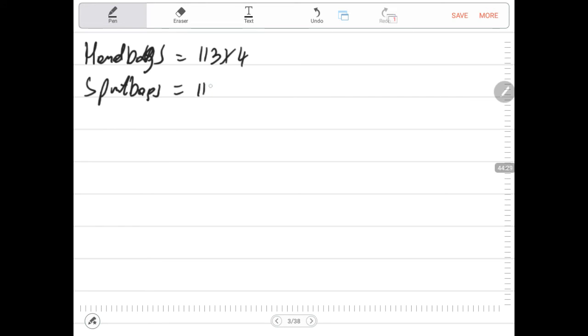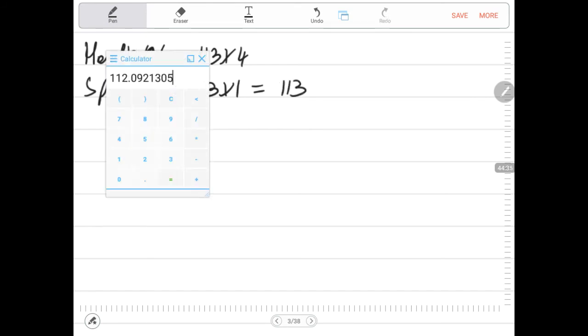Then we say 113 multiplied by 1 for the sport bags, because it was 1. This gives us 113. Then 113 times 4 gives us 452 units.